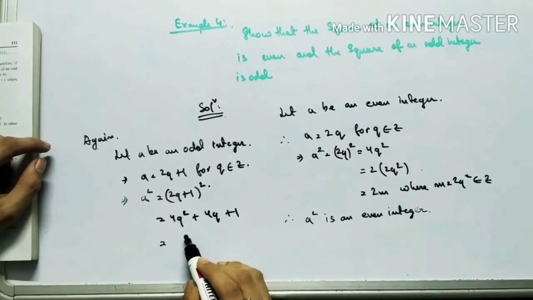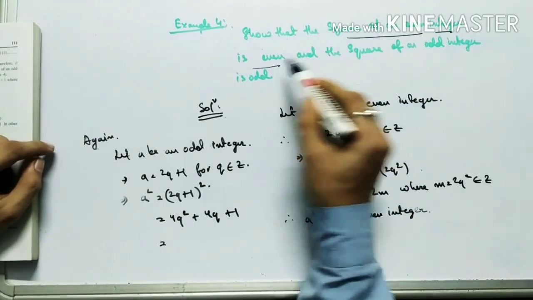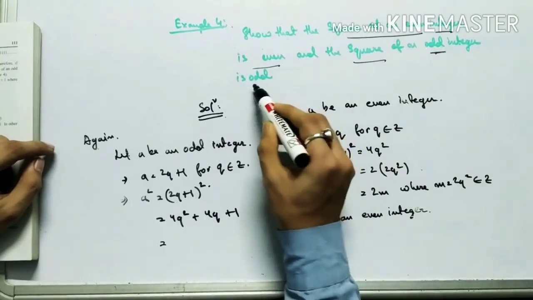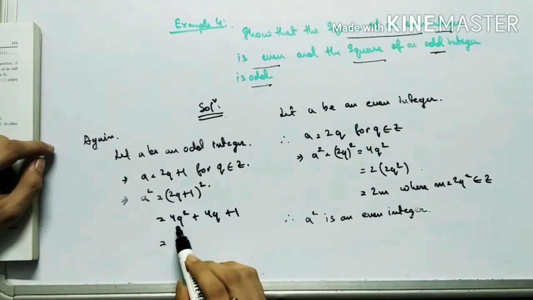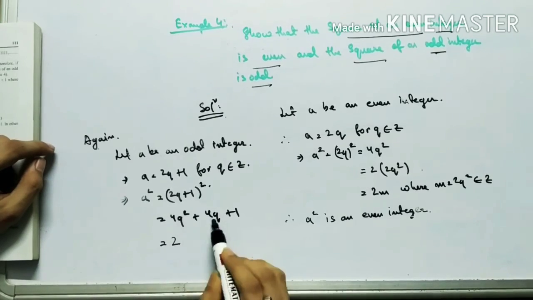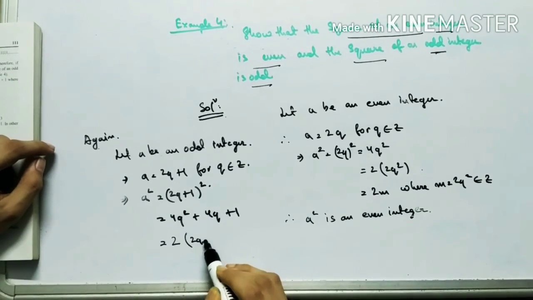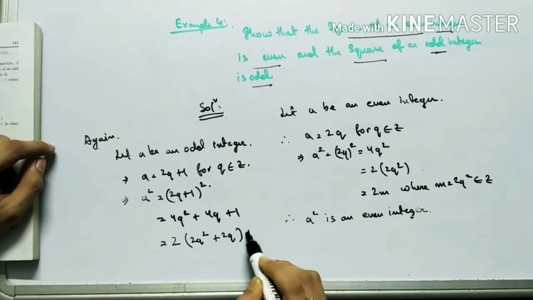I have to show that the square of an even integer is even and the square of an odd integer is odd. So from here I can take 2 common. I will get 2 times (2q square plus 2q) plus 1.